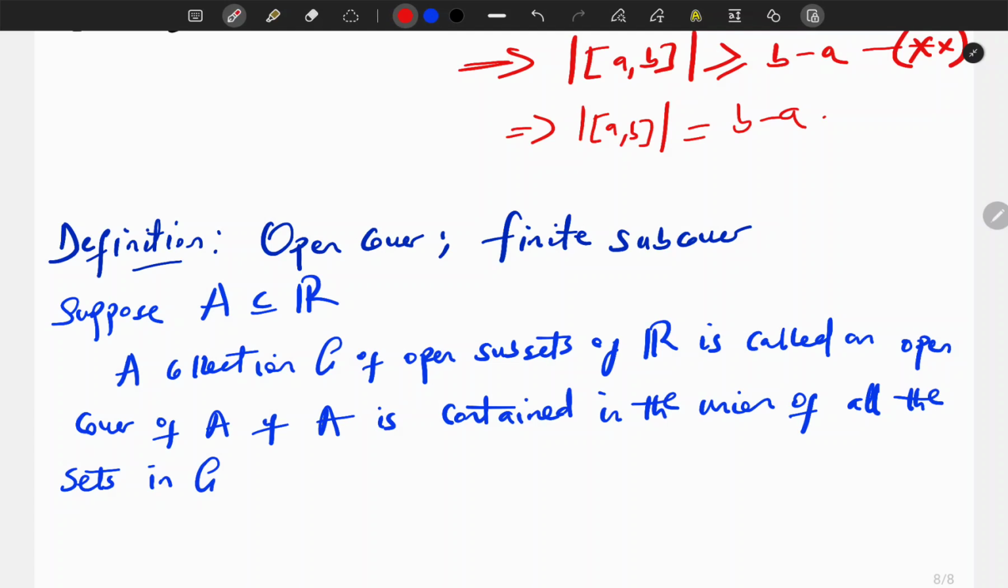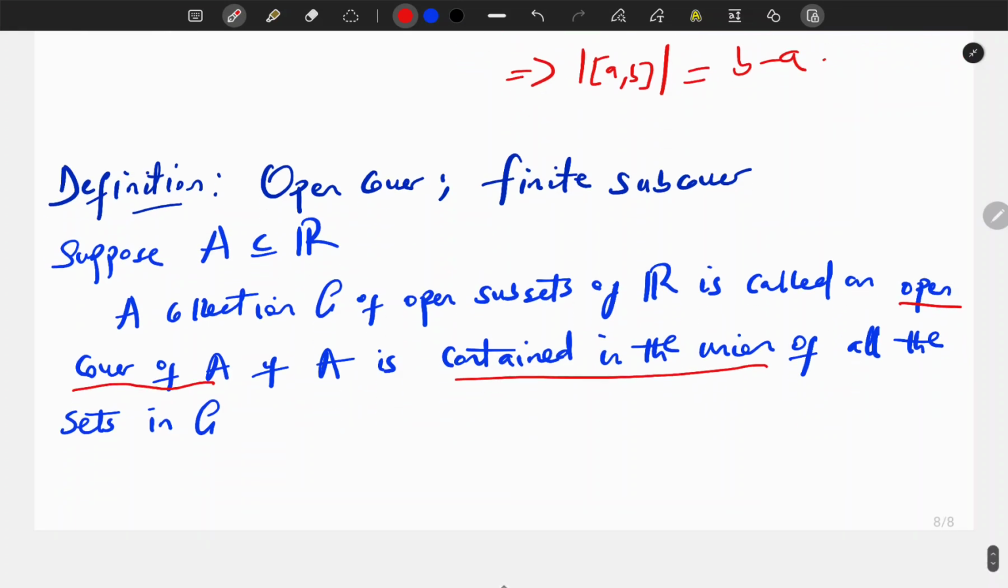This is called an open cover of A if A is contained in the union of those sets.